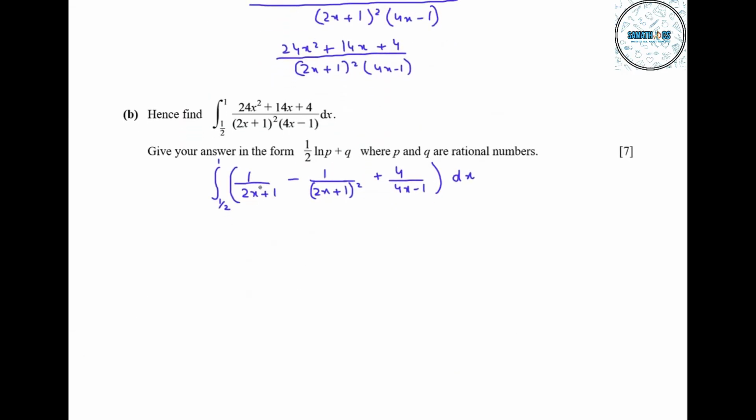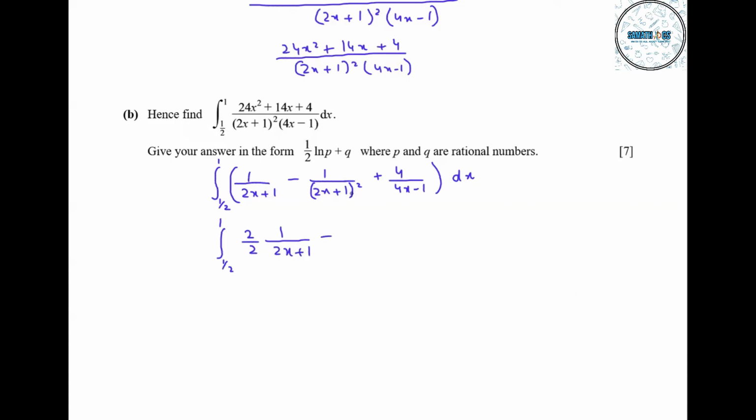In the next step, as we know, when we have 2x plus 1 in the denominator, we can change it into ln (2x plus 1), but we must have 2 in the numerator. So, first of all, we will multiply this by 2 upon 2 so that we can write it as ln (2x plus 1).